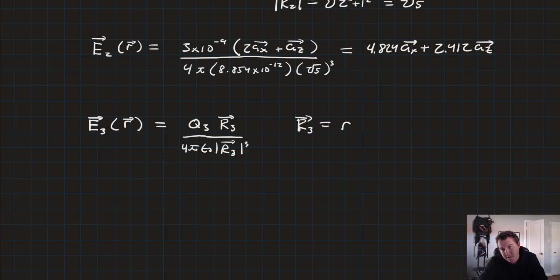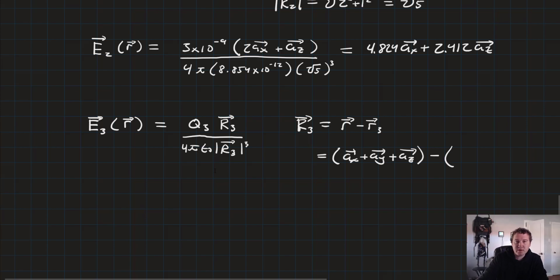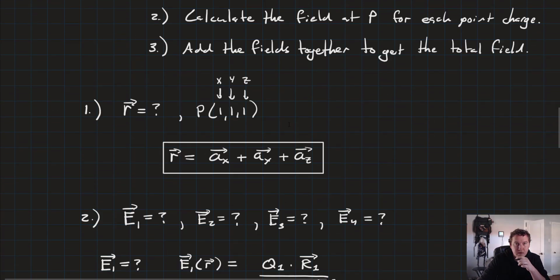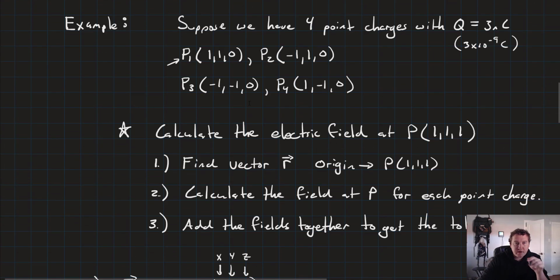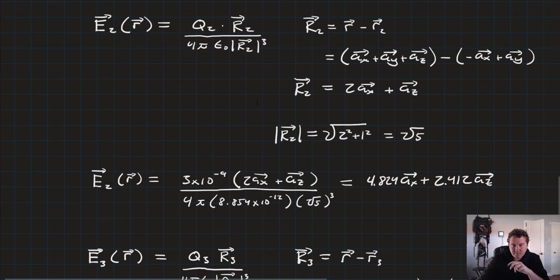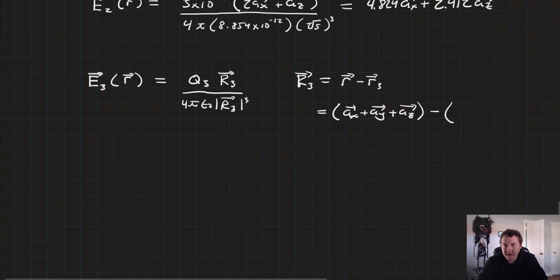Big R3 is equal to r minus little r3, which is ax plus ay plus az minus, let's see what point 3 was. Point 3 is negative 1, 0. So that's going to be minus ax minus ay.